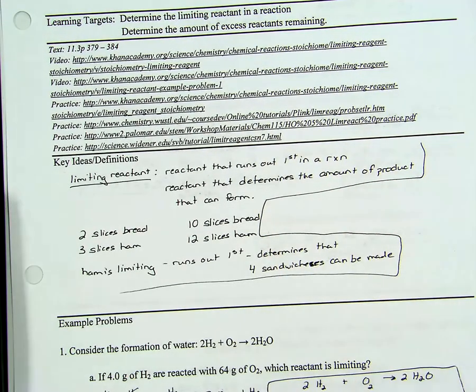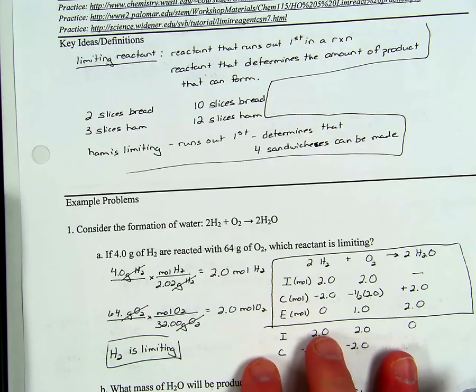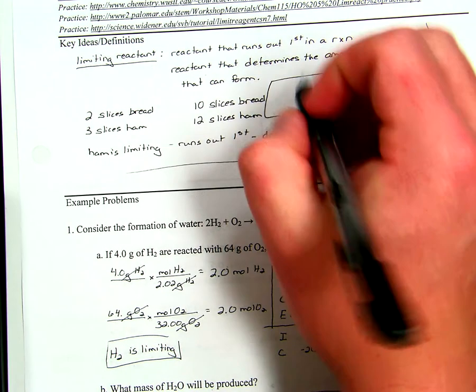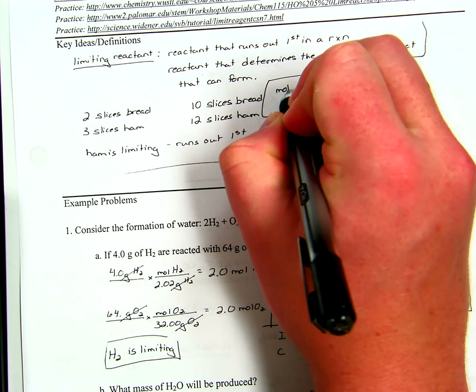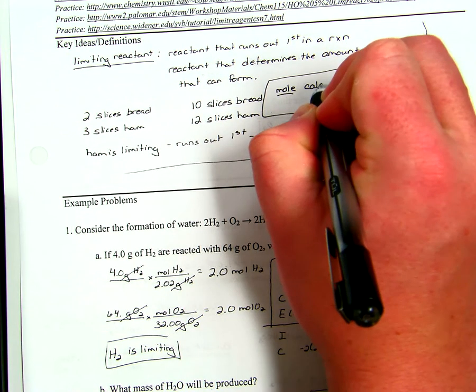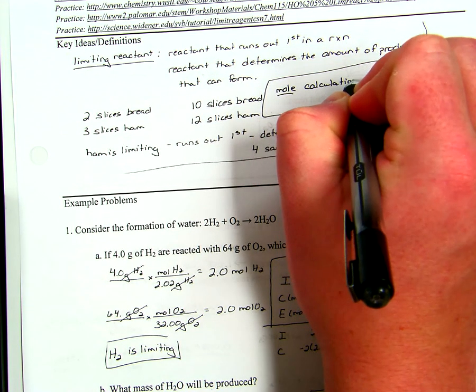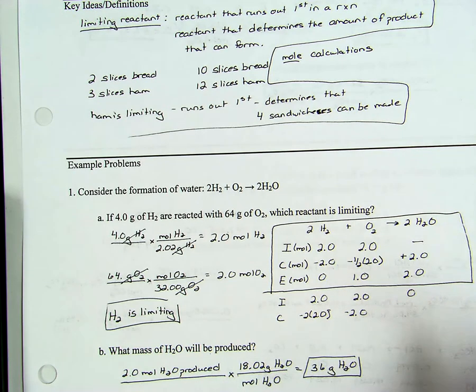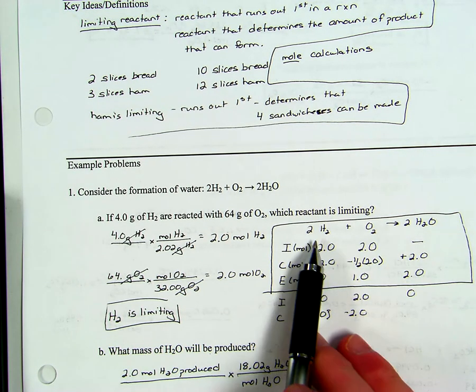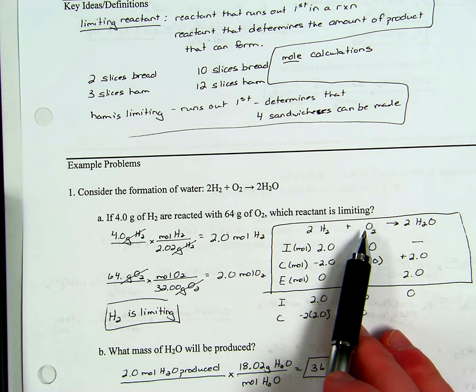It's mole calculations. And the reason why that is, again, we've said this several times in class and in these videos, the balanced equation and how a reaction works is based on mole ratios. How many moles of each we have, how many moles are going to be produced. So that's why we do all these calculations for moles.